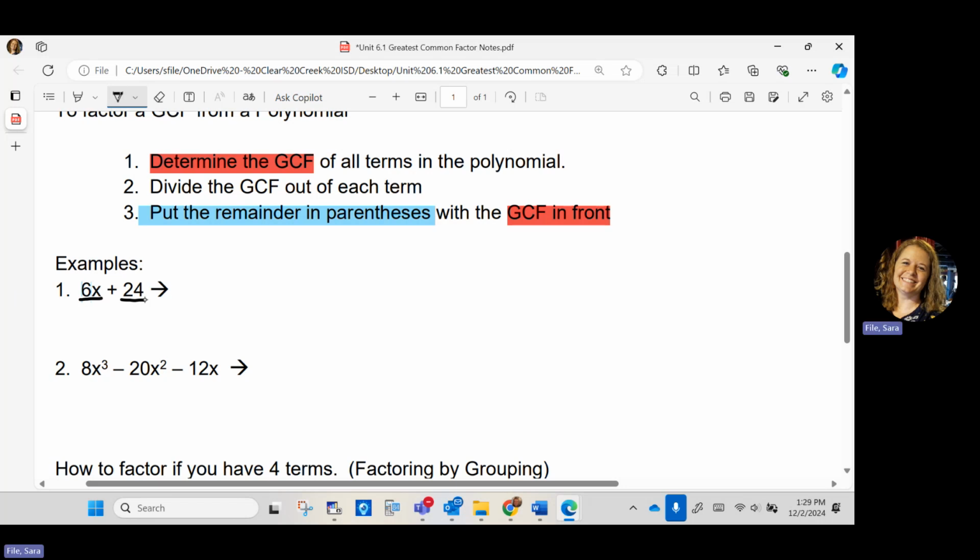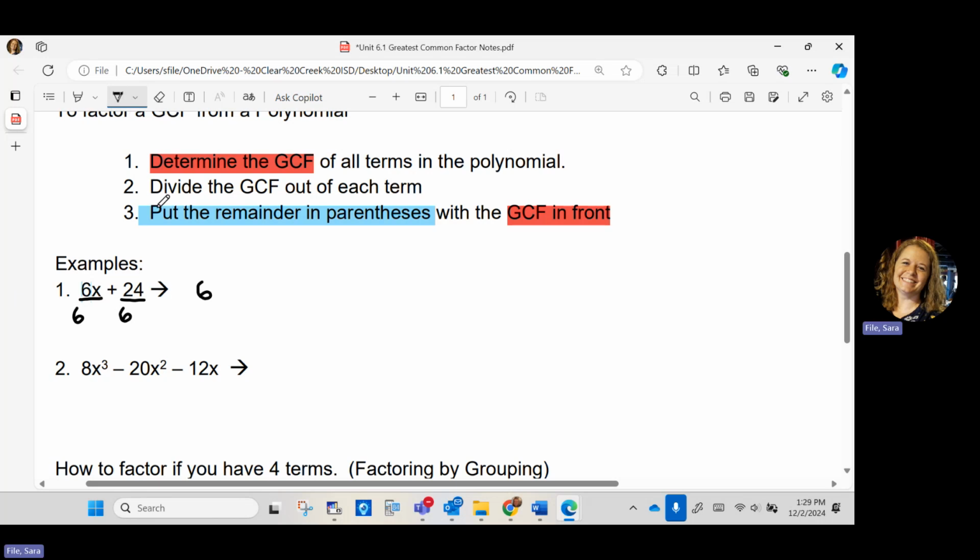If you're not sure, we can list the factors. 24 is divisible by 6, isn't it? And 6 is definitely the biggest factor of 6. So 6 can be divided out of both. So I'm going to show dividing by 6, and I'm going to put that out in front.